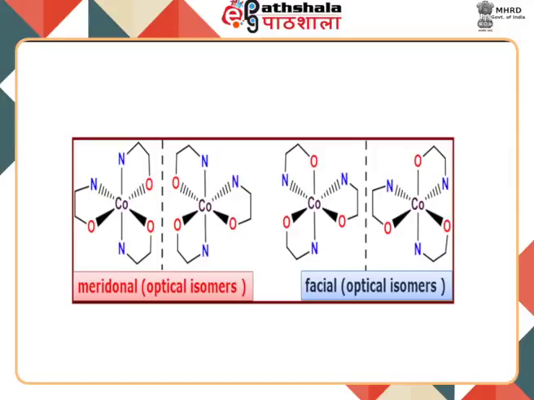For example, the tris-glycinato cobalt(III) complex is chiral. The nitrogen and oxygen of one ligand can be cis or trans to the nitrogen and oxygen of the other ligand. Thus, 4 stereoisomers are possible for the complex.